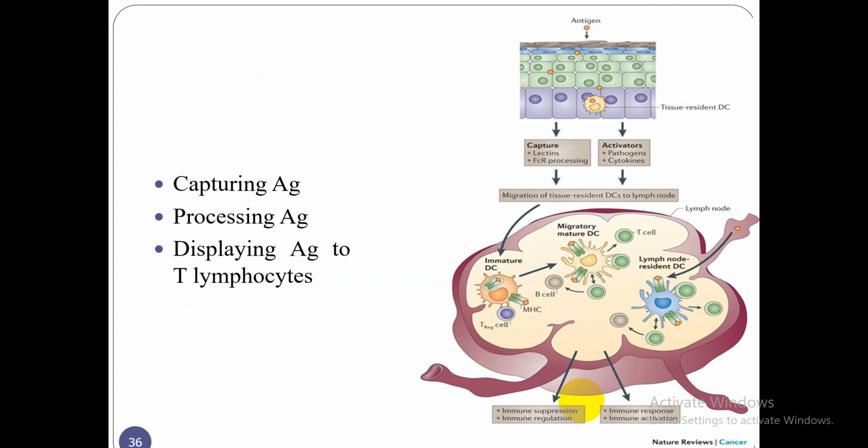The main functions of conventional dendritic cells are capturing the antigen, processing the antigen, and displaying protein antigen to T lymphocytes.